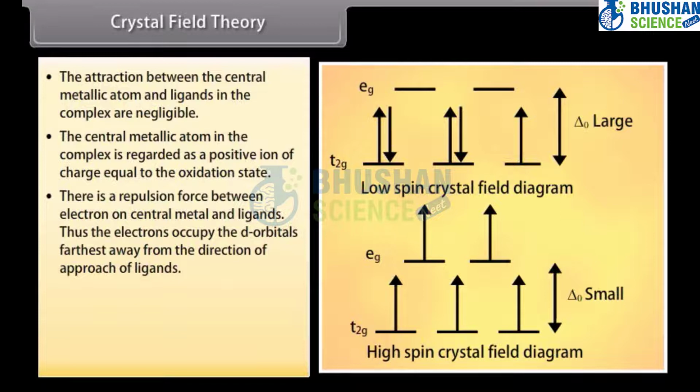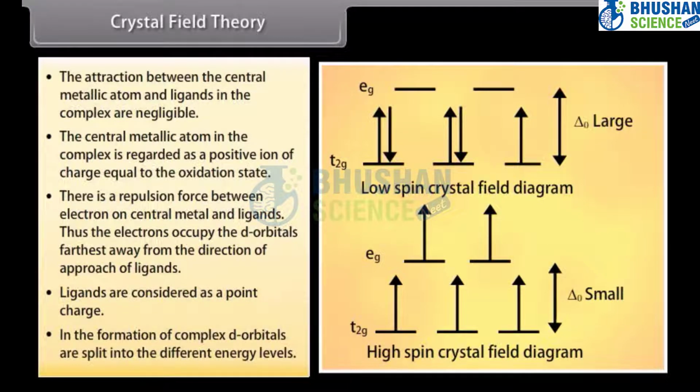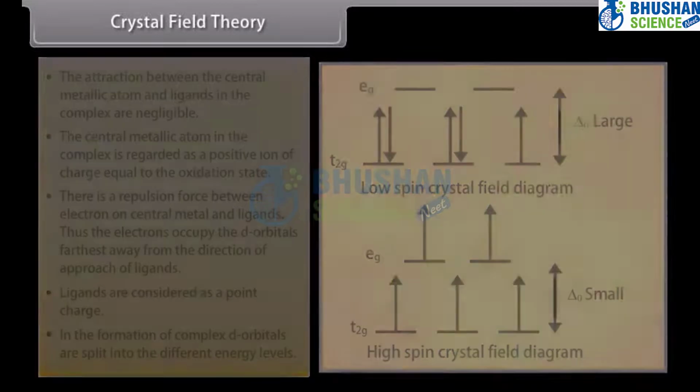There is a repulsion force between electrons on the central metal and ligands. Thus, the electrons occupy the d orbitals farthest away from the direction of approach of ligands. Ligands are considered as point charges. In the formation of complex, d orbitals are split into different energy levels.